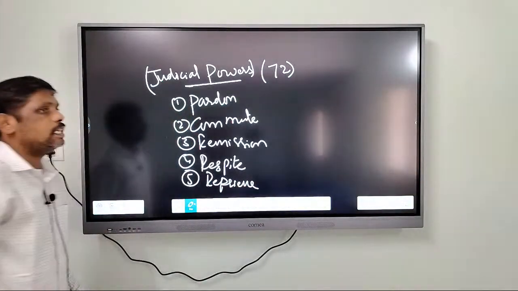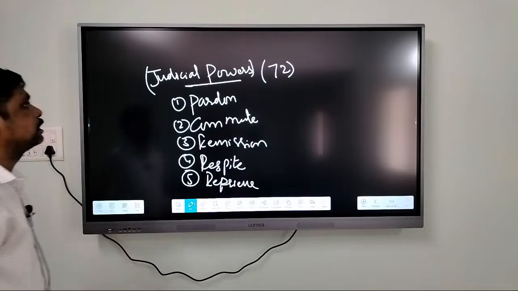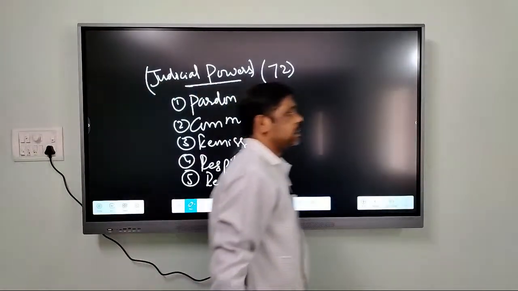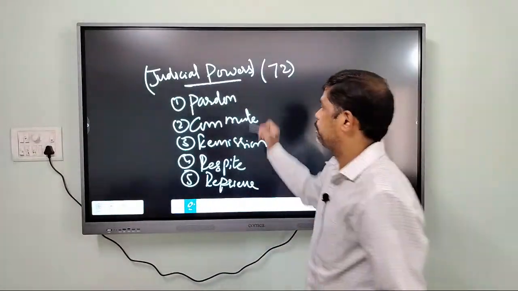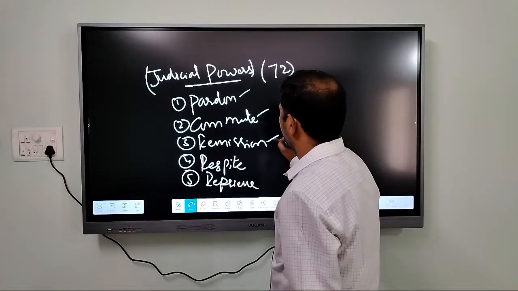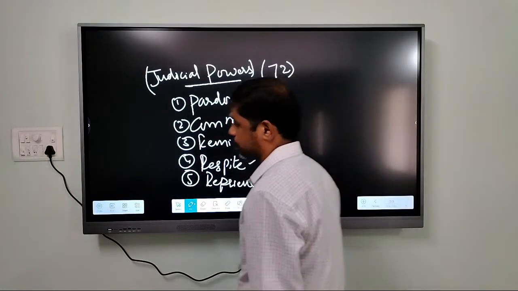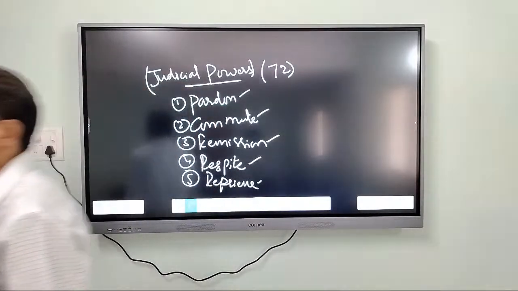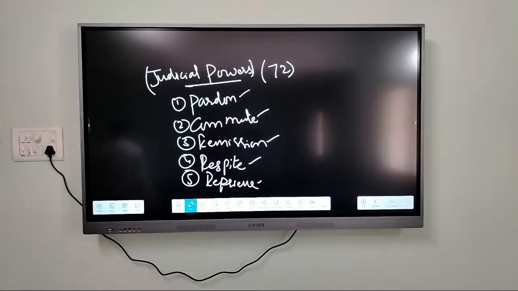So these are 5 types of judicial powers which are enjoyed by President of India: power to pardon, commute, remission, respite and reprieve. These are the different types of judicial powers enjoyed by President of India.